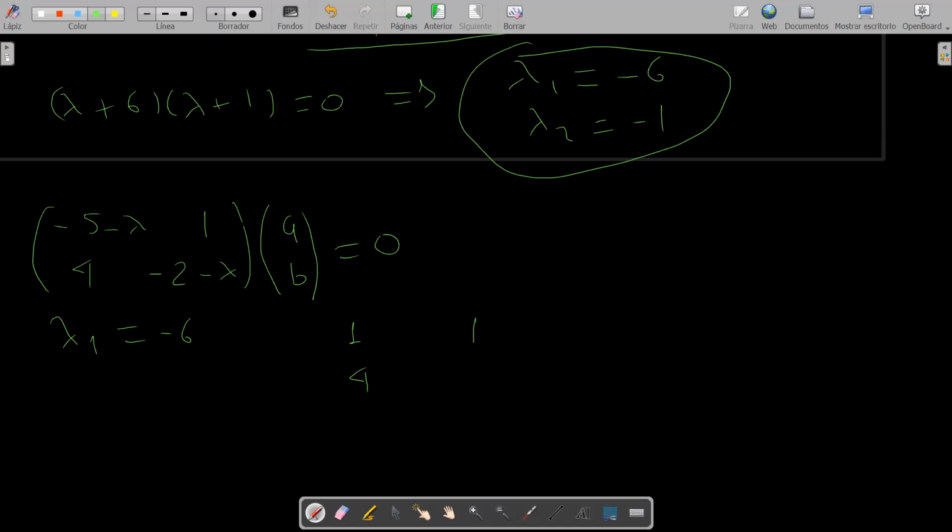And for this term, we have negative 2 minus negative 6, which will be 6 minus 2, and that's equal to 4. And that will be equal to 0, right? Is that correct or not?